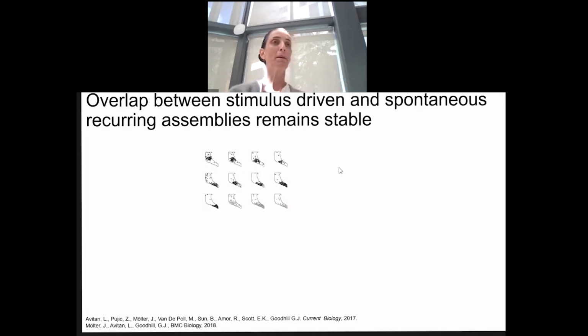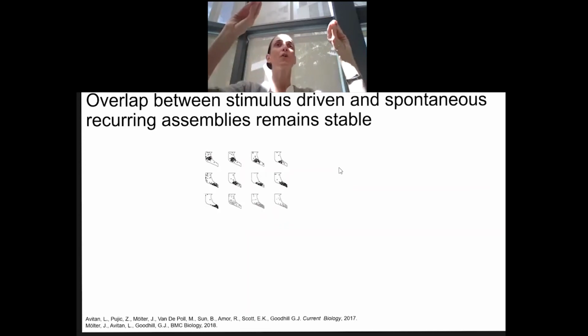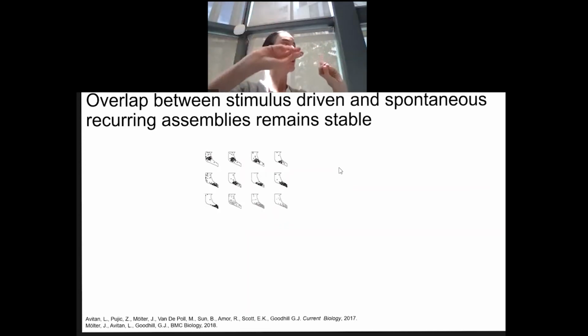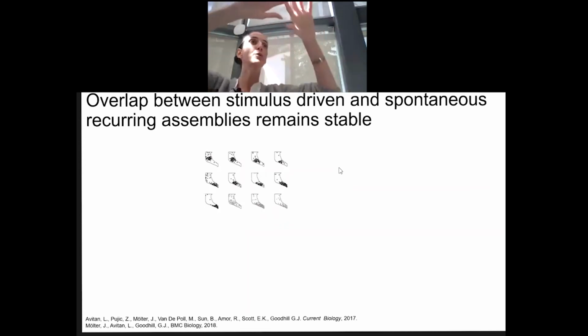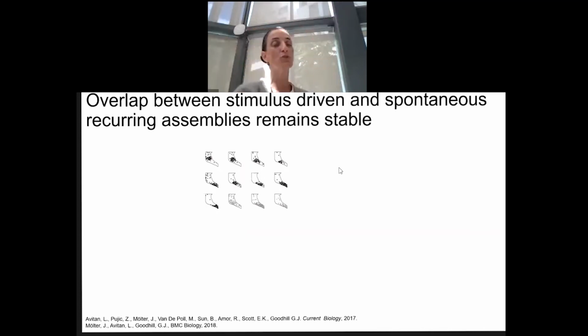We also used some graph theory techniques to find reoccurring patterns, neurons that are reoccurring. We built a graph of neurons, where every edge was the correlation between two neurons, and then we started looking for communities on this graph. This is what I'm showing here: the reoccurring communities on the graph. The black ones are sensory-driven, and the gray ones are spontaneously generated.